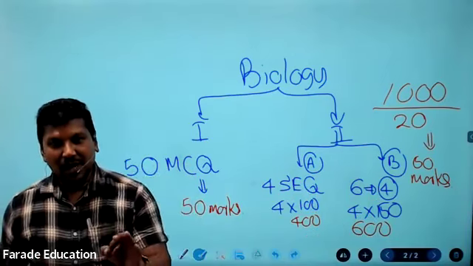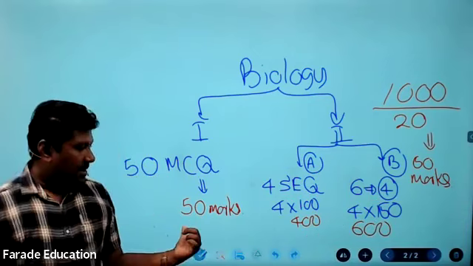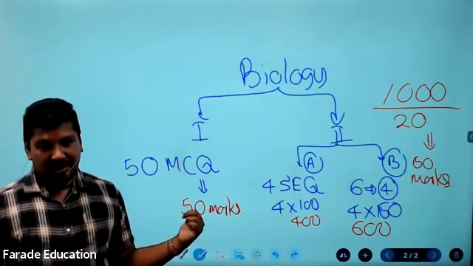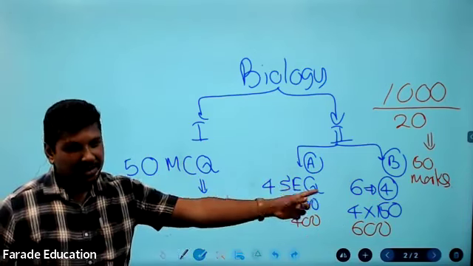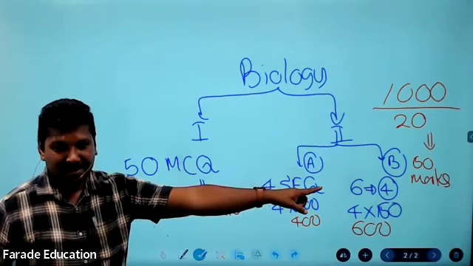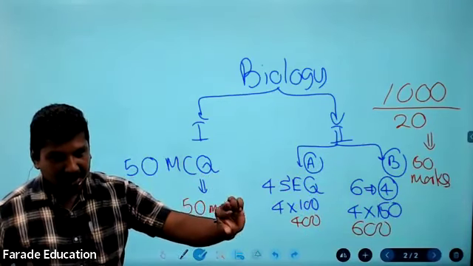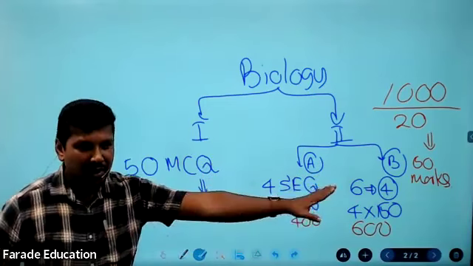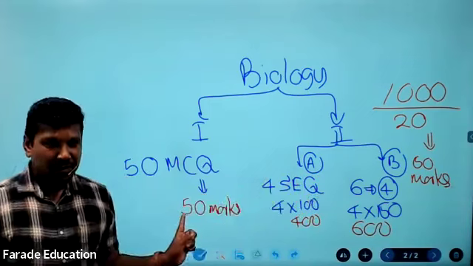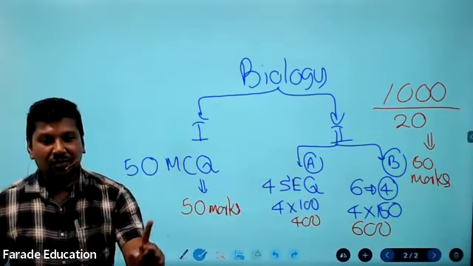So what is more dangerous? If you lose one here, that accounts for one. If you lose 20 here, that accounts for one. If you do not answer a part which is worth 20 marks in this one, you lose only one. But if you lose one question here, you lose one.